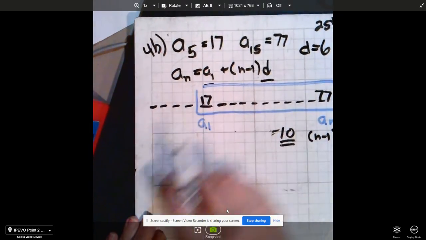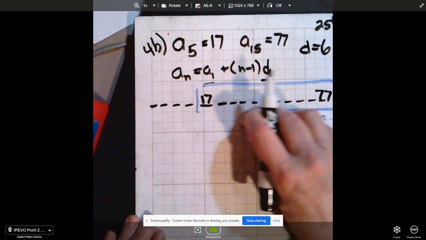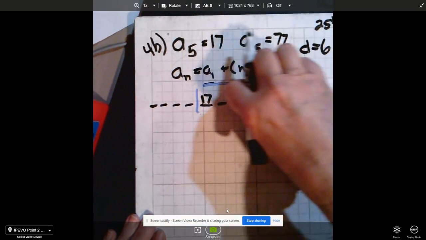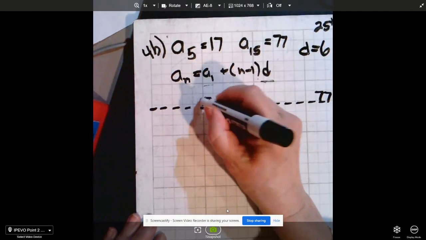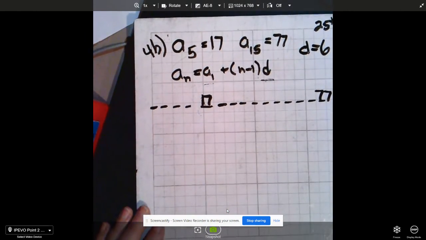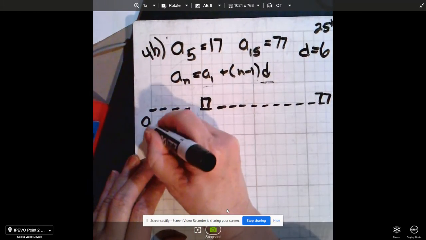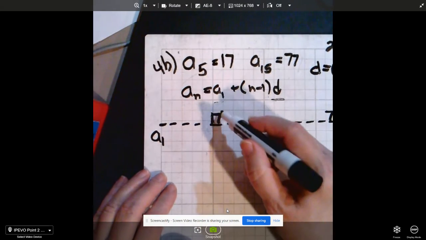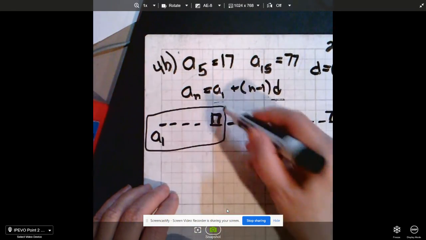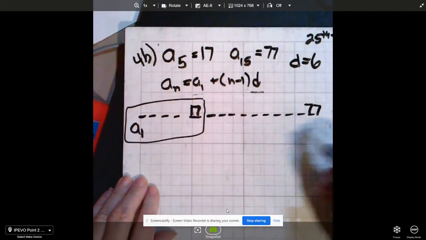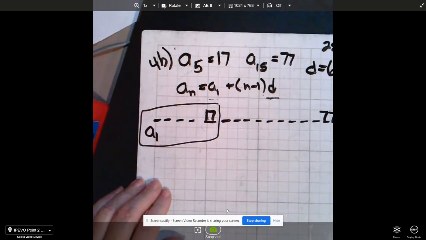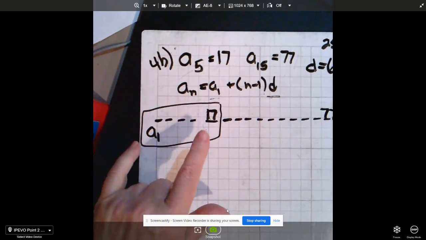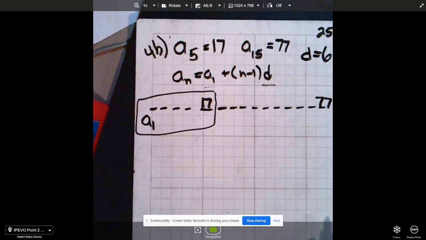All right. Well, now let's get rid of this little blue thing here. So now I need to find out what A1 is. So I really want to find out what this is. And once again, I can either use this little piece of the sequence to figure that out, or I can use the whole thing. It doesn't really matter. I like my numbers to be smaller, so I'm going to use this as my little piece of my sequence.